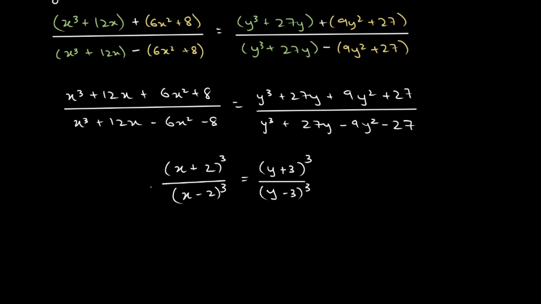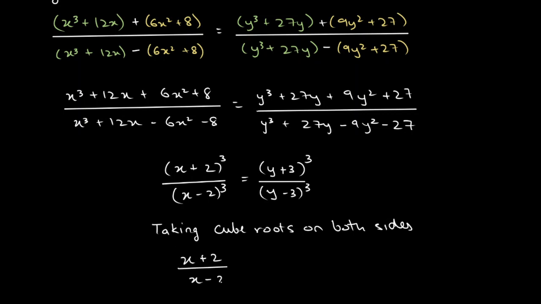So since we have cubes all around, we take the cube roots on both sides. If I take cube roots on both sides, we end up with x plus 2 upon x minus 2 equal to y plus 3 upon y minus 3.